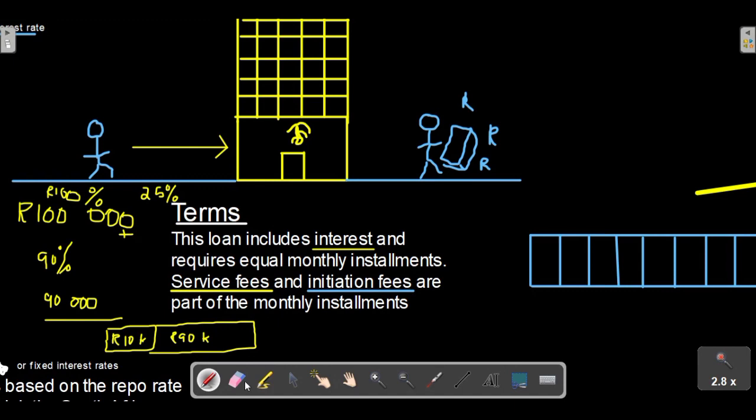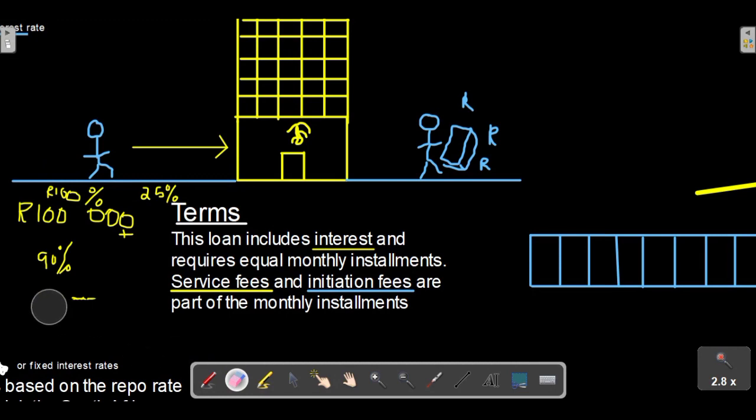And you have been given a 100% loan, guys. They gave you 100,000. So 25% of 100,000, which is the loan amount, I mean the purchase price. This is the purchase price of the car, right?